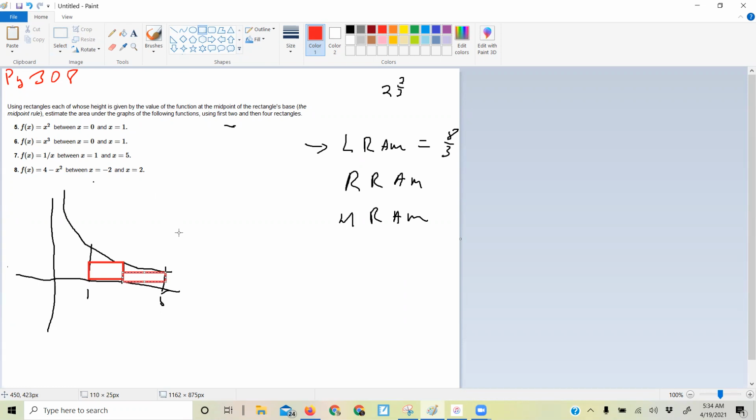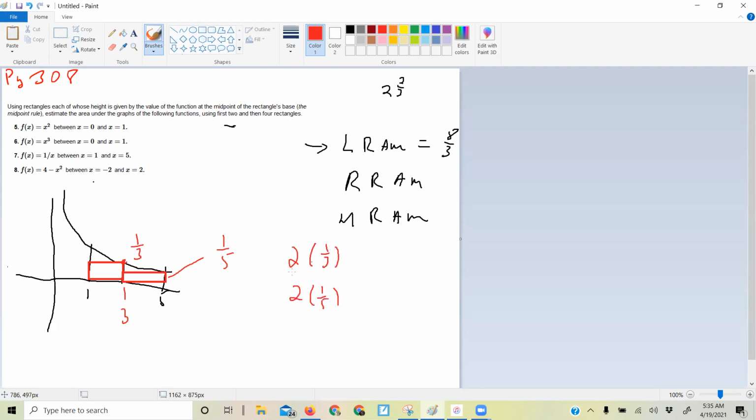So what we're going to do here, let me come back with a pen. Again, it's 2 wide, so that's at 3. And I want to know how high it is here, because it's a right side, right? So that's 1/5. And I want to know how high it is there, which is 1/3. Notice I'm not even using 1. It's still 2 wide, so 2 times 1/3 plus 2 times 1/5.